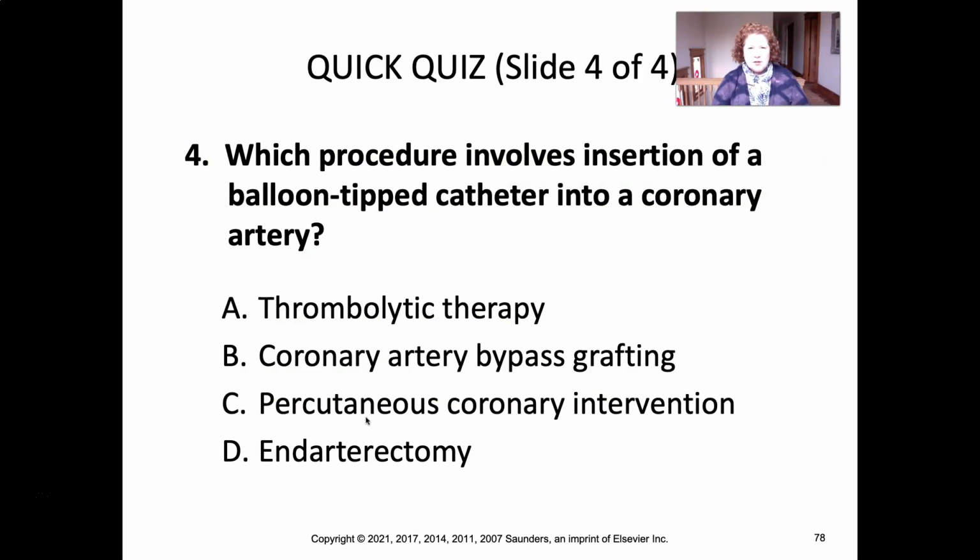Okay, so which procedure involves insertion of a balloon-tipped catheter into a coronary artery? We just talked about this. It absolutely is not a coronary artery bypass graft, so it's not a cabbage. I'll give you that one.